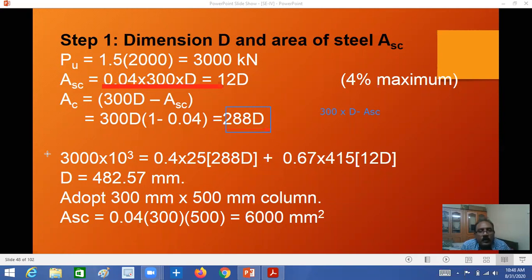Now, what is Pu? 3000 into 10 to the power of 3, because this is in kilonewtons and we are converting to Newtons. All should be in Newton per mm square.